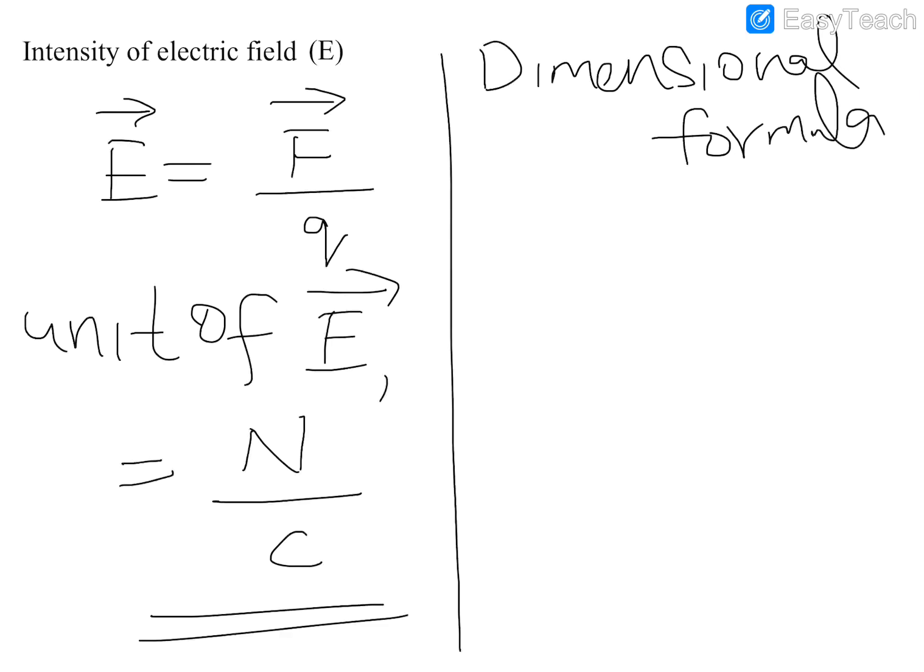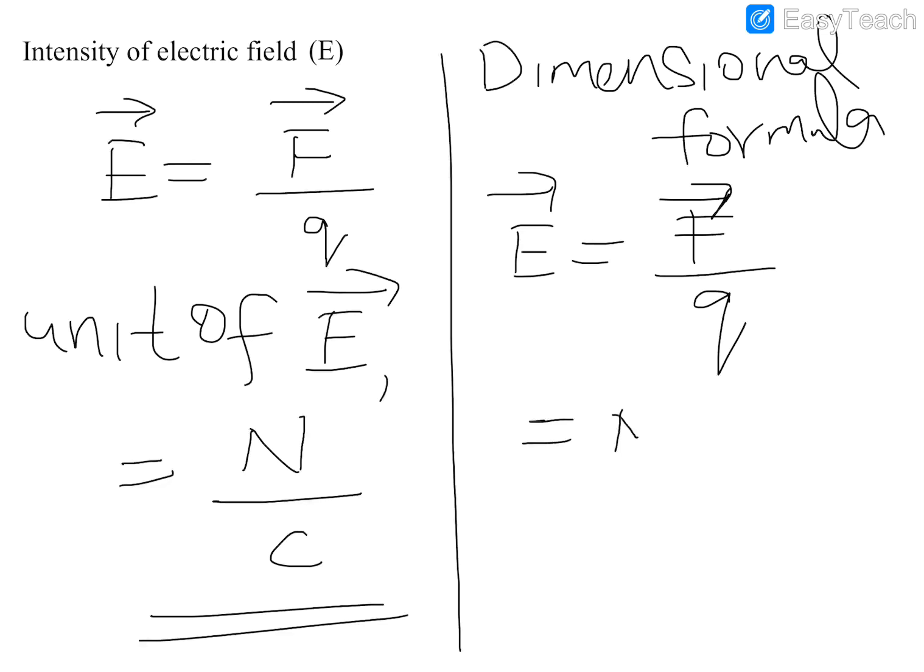Use the same method. You have E is equal to F by Q. F is a vector, so F vector sign. Now what is the dimensional formula for F? You already know, MLT raised to minus 2. This is the dimensional formula for F. And now Q, charge. For Q there is an equation.